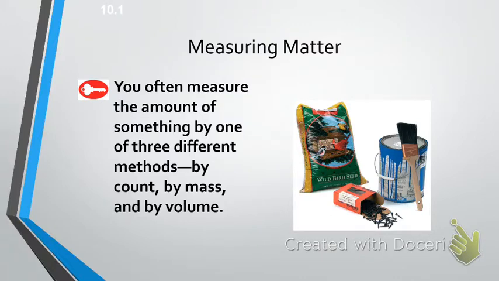We have different ways of measuring things. We can measure by count, by mass, or by volume. If we are talking about screws, we are most likely to count them. If we are looking at a bag of birdseed, we're most likely to take a mass.